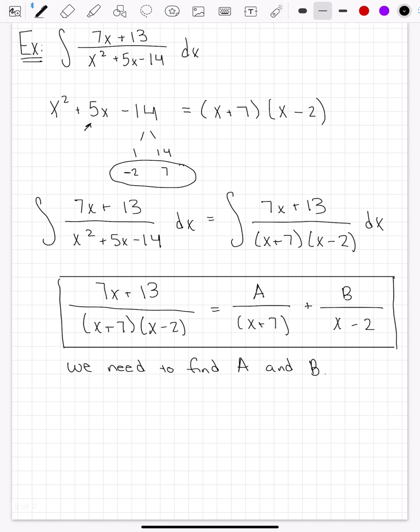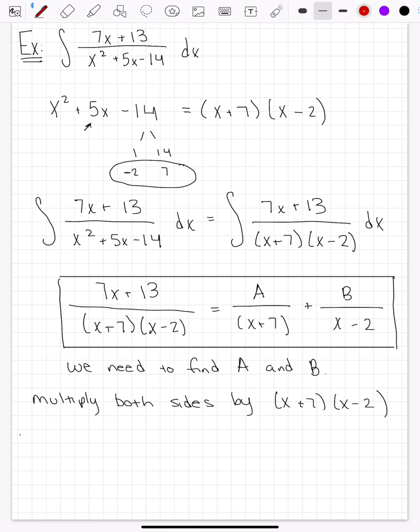So the first thing we're going to do, since we're trying to solve for capital A and capital B, is try to get rid of the denominators. What we're going to do is multiply both sides by the factored denominator. So we're going to multiply both sides by x plus 7 times x minus 2.